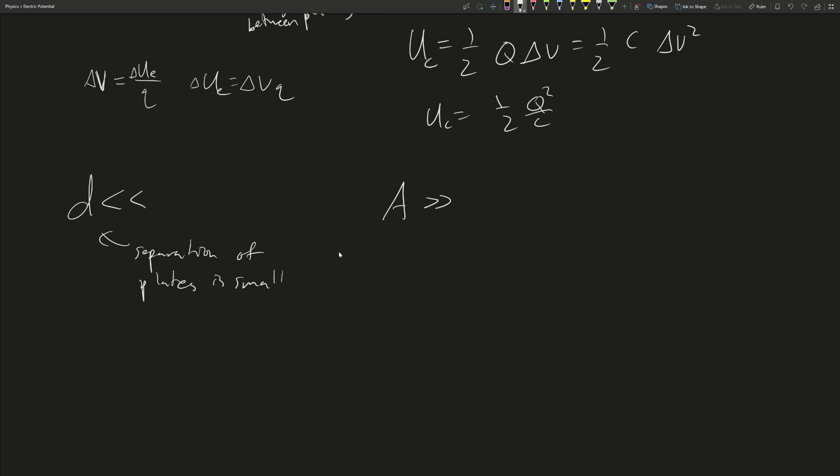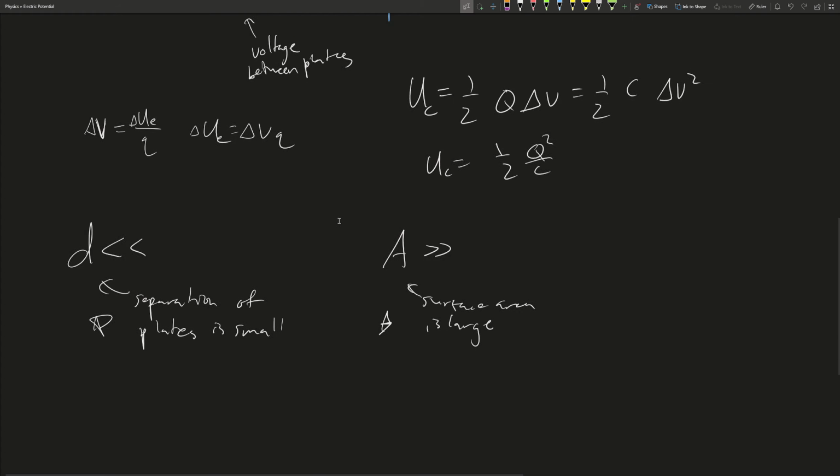So the surface area in common is large. Both of these conditions have to be true. So the separation of the plates has to be small relative to the surface area.